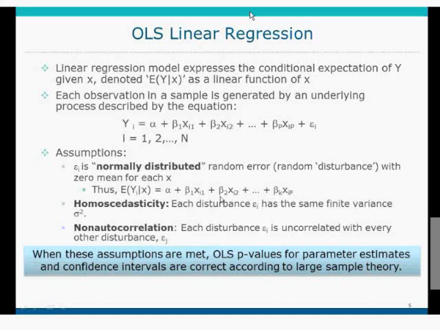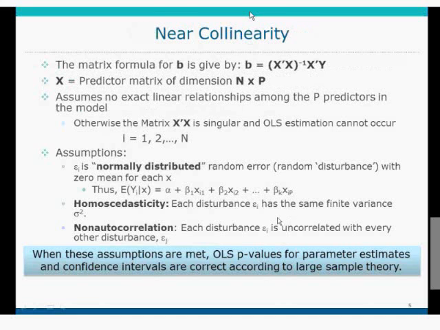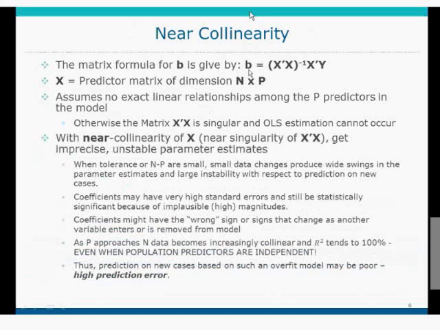The problem that arises when we have a lot of correlation between the x's is associated with the variance of the prediction, which also manifests itself in high standard errors for the regression coefficients. Now, if we look at the regression coefficients, B is equal to (X prime X) inverse X prime y, a familiar formula.